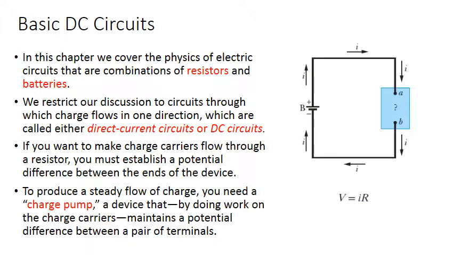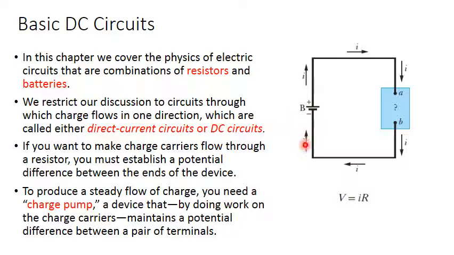Now, we are going to study basic DC circuits. In this chapter we cover the physics of electric circuits that are combinations of resistors and batteries, and also some capacitors. We are going to restrict our discussion to circuits through which charges flow in one direction.